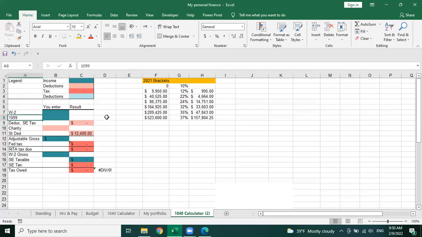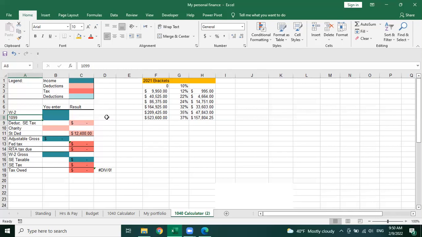I think 1099 is what you get from each of your engagements over $600. Not each per project, but every business that you do business with, if you do more than $600 worth of business, they send you a 1099 NEC, I think it's called. There's also 1099 miscellaneous and 1099 interest, which I'm not going to go over.